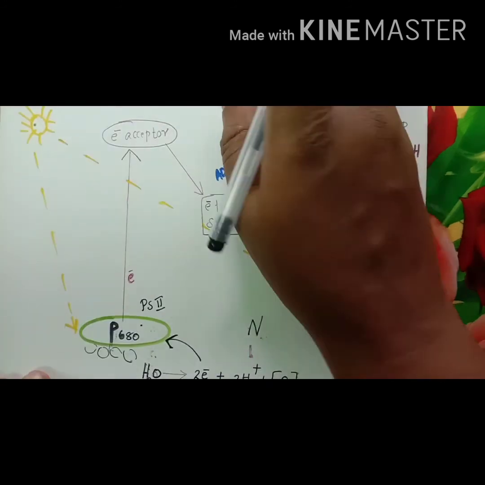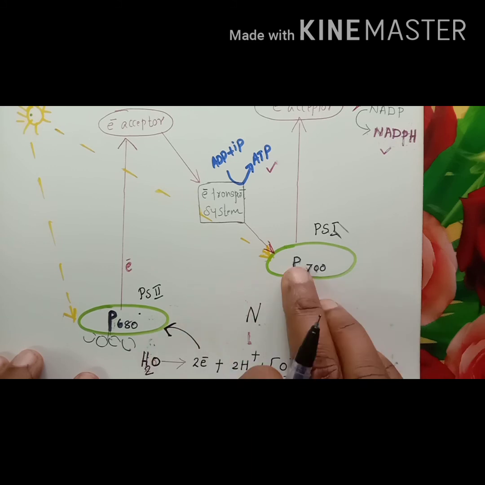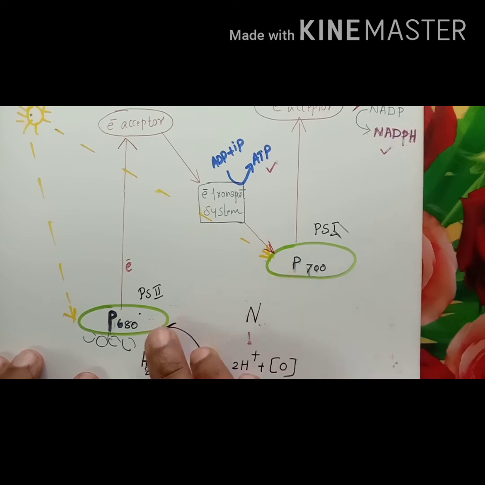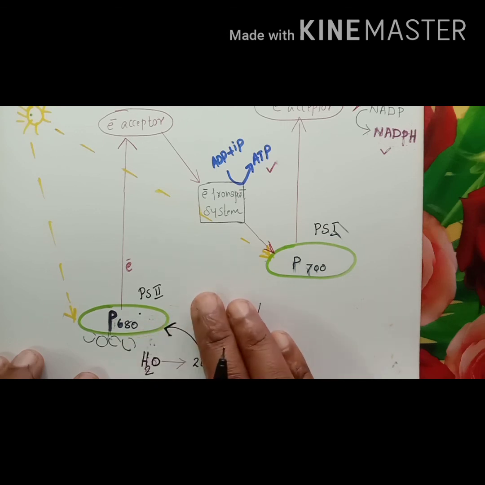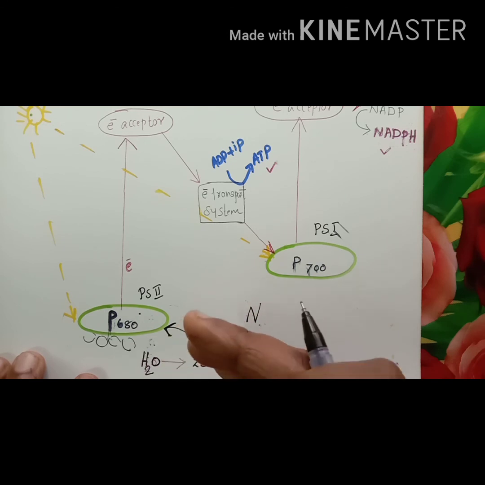In non-cyclic photophosphorylation, both the pigment systems are present, but here PS2 becomes excited first. Suppose in this grana thylakoid also, a wavelength above 680 nanometer is coming. What happens?